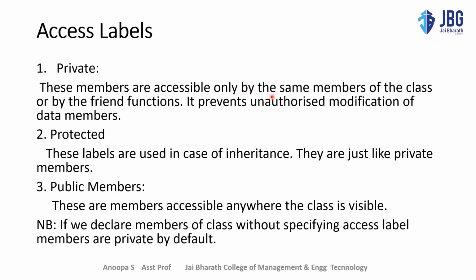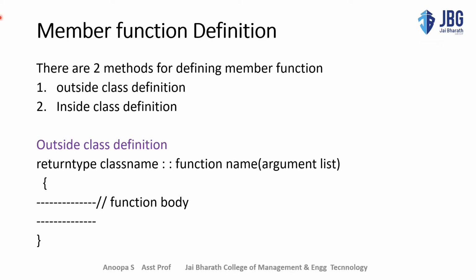Then protected, these are used in case of inheritance. We will see in detail what inheritance is, and they are just like private members and usually used in the case of inheritance.